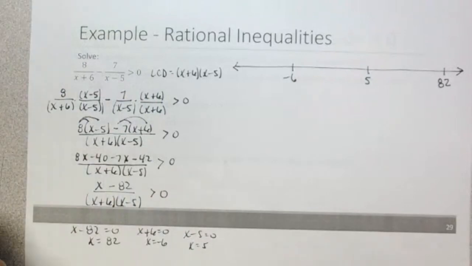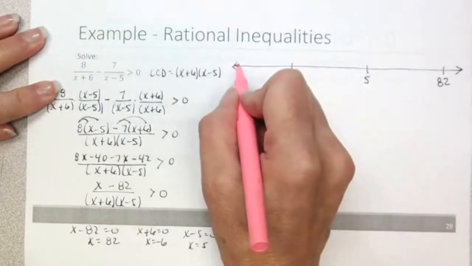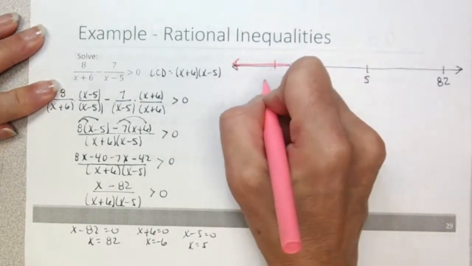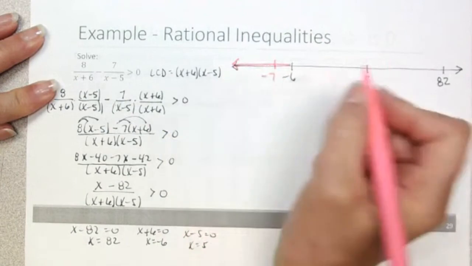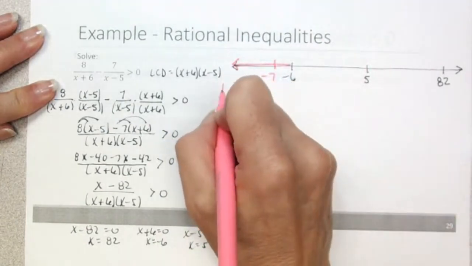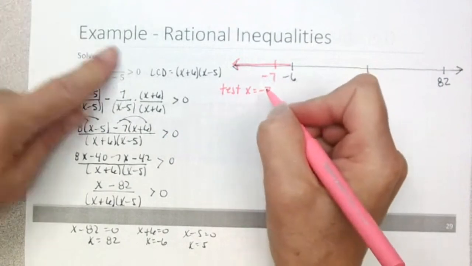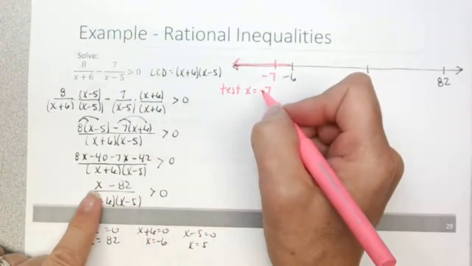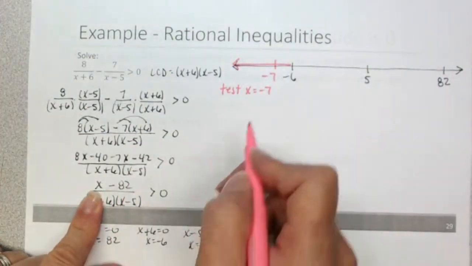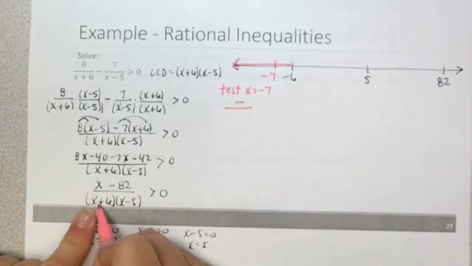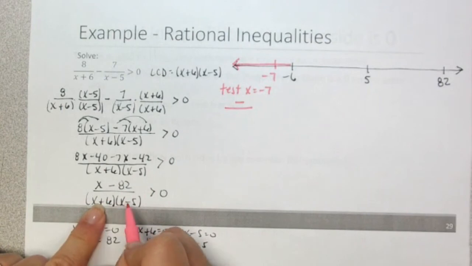So let's say our first interval is pink this time. The test value we'll use here is negative 7. So when we test x equals negative 7, let's simplify for a second. Negative 7 minus 82 makes a negative numerator. Negative 7 plus 6 is negative 1, times negative 7 minus 5, negative 12.